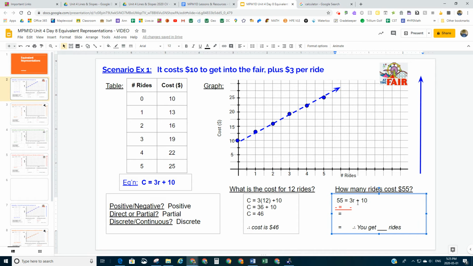Algebra reminds us we've got to isolate the 3r, which means we have to get rid of this 10. So we're going to subtract 10 from both sides. That's why I have this red thing there to help you with that subtraction. Minus 10.